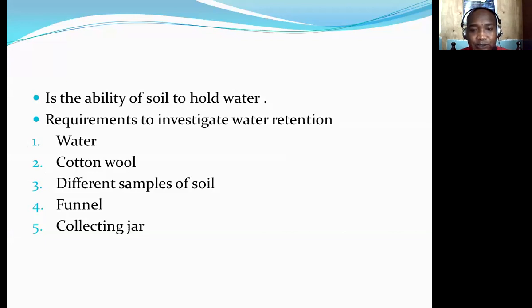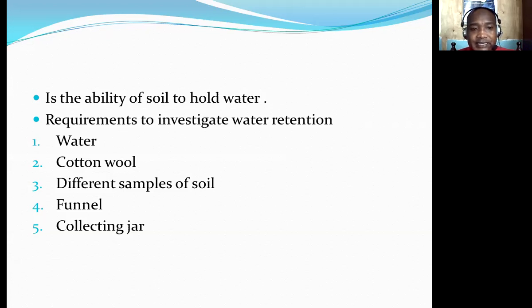We want to see which of the three types of soil, clay soil, sand soil and loam soil, is the best for holding water as far as water retention is concerned.